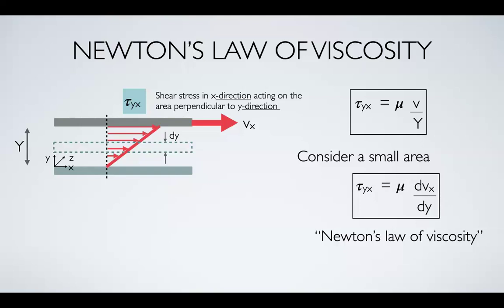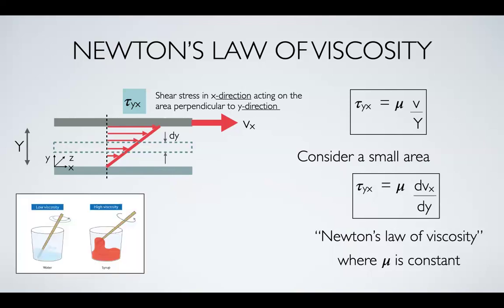And you can see that any kind of fluid that follows this equation has to have a constant viscosity, because if you take a look at this equation, mu is a constant. So the viscosity of the liquid must be constant. Any questions about this?